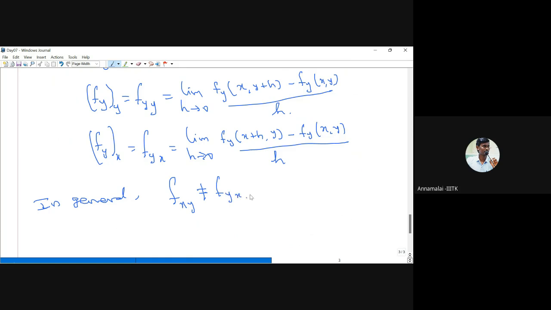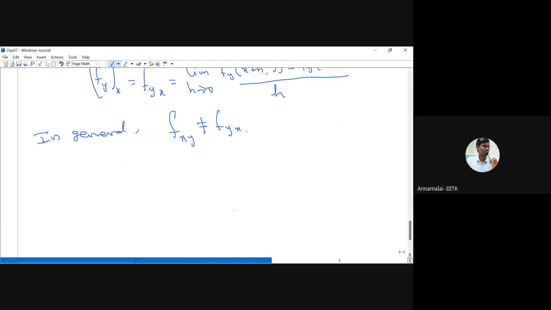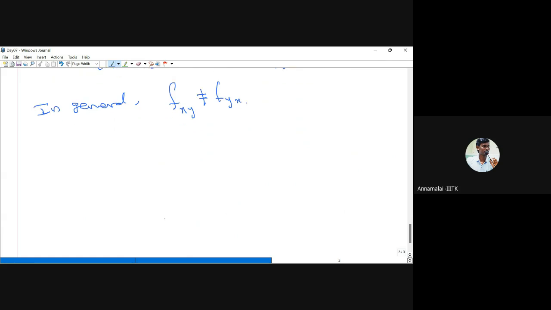When these two are equal, there are many theorems, Young's theorem or Euler's theorem. If fx, fy, everything is differentiable and continuous, then it is equal. So maybe you can state the theorem. So when these are equal, theorem.